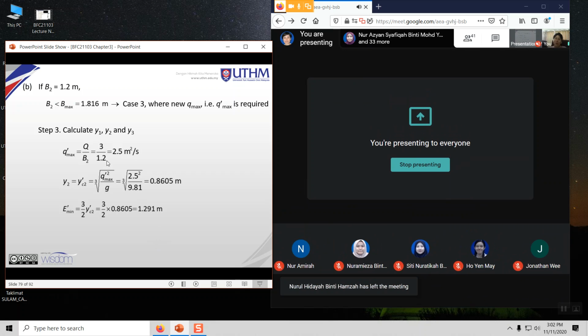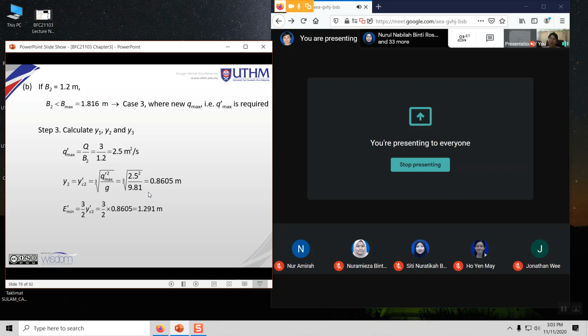But at location 2, you have your Q max equal to 2.5. But if you want to find your Y1 and Y3, you need to use Q naught, because remember, your Y1 and Y3 still remain on the initial specific energy curve, having the same Q naught.